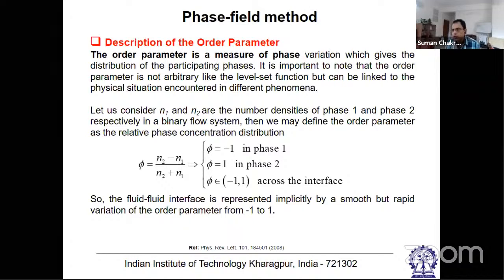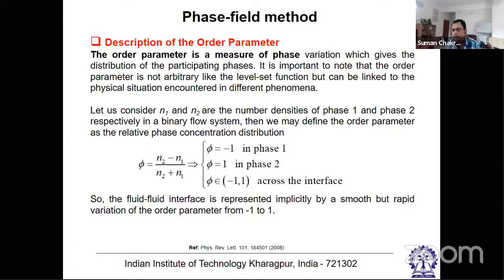So in the phase field method, you start with a definition of something which is called the order parameter. Let us say N1 is the number density in phase 1 and N2 is the number density in phase 2.